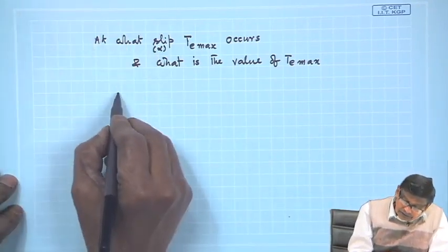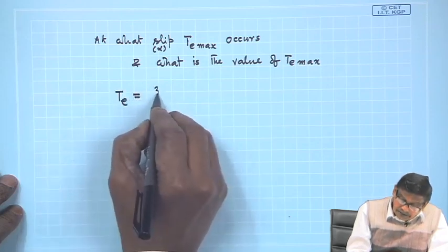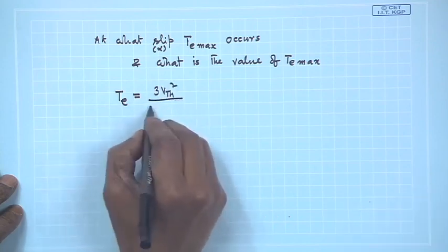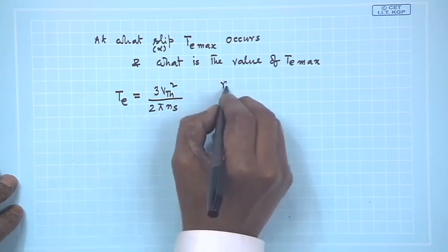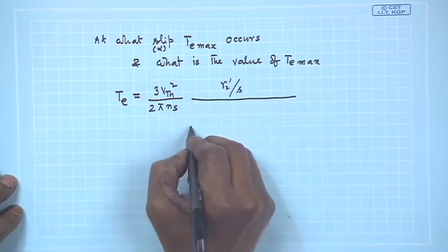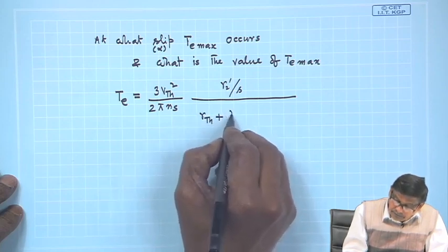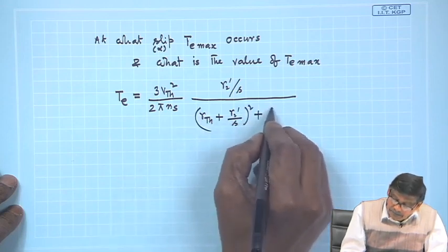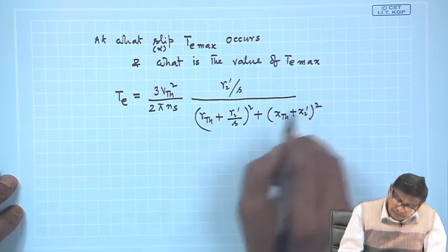We write down the general expression for T, that is T is equal to 3 V Thevenin square, divided by 2 pi n s, into R2 dashed by s divided by, R Thevenin plus R2 dashed by s whole square plus X Thevenin plus X2 dashed whole square.